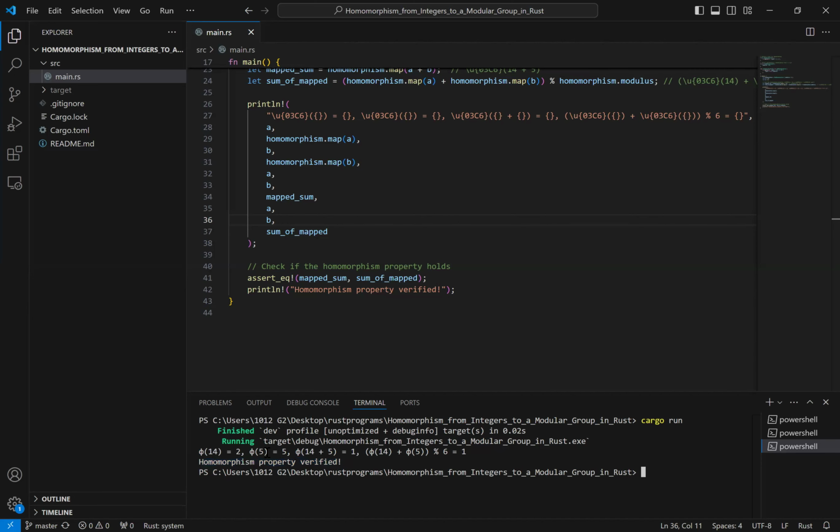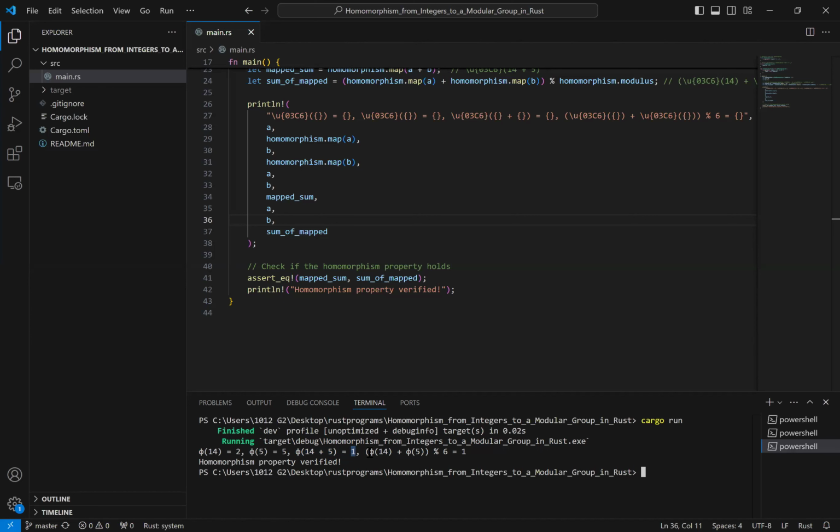Now, so you understand what has happened. It understands that the left-hand side, phi of A plus B, should be the same as phi of A plus phi of B. So it does phi of A plus B by just summing, getting 19, and remember it was mod 6, so divided by 6, the remainder is 1.